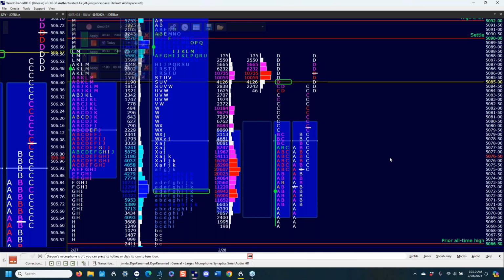The other thing that we saw when CPI came out, and it was very tricky, but you saw late in the day prior to CPI, all of a sudden the market broke, and you had no excess on the high, but the market broke.